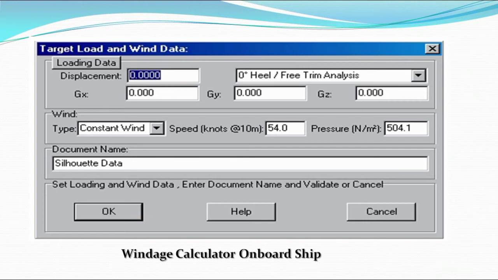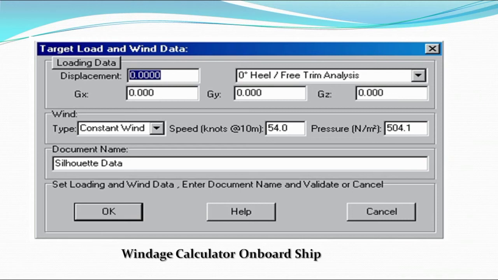Then automatically the heeling will be given already. Meaning we don't need to calculate anymore on board the ship. But at least you have learned that we have 4 factors to consider.